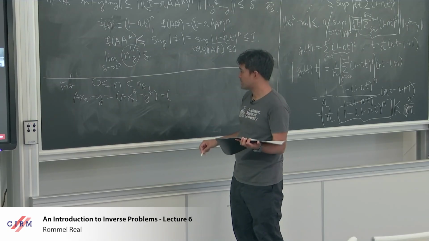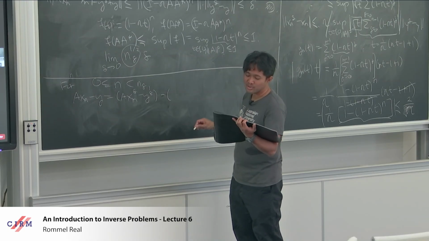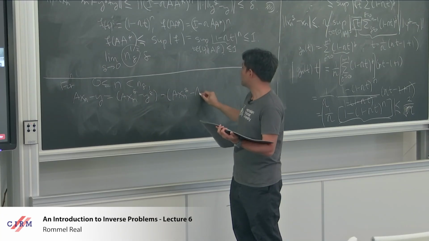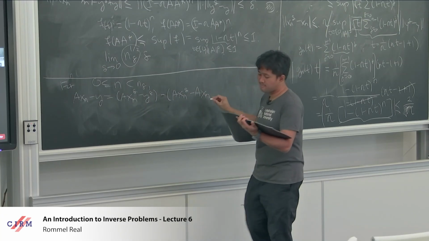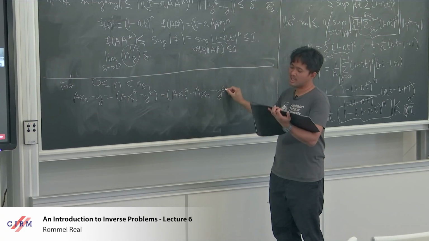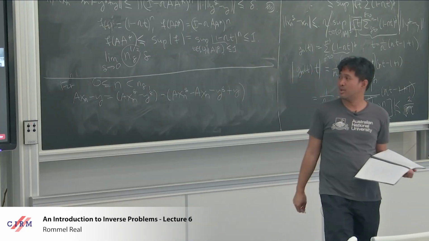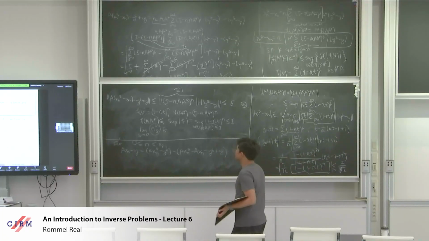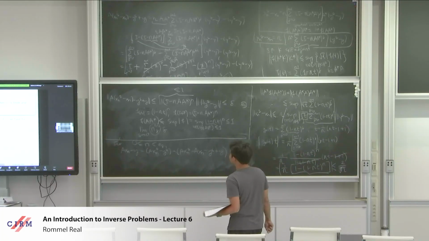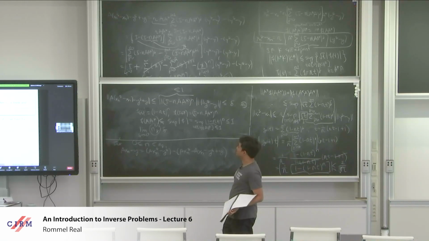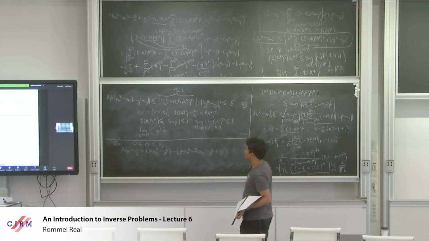You have a(x_{n,delta} minus y delta) minus a(x_{n,delta} minus x_n) minus y delta plus y. And why do we want to do that? Because we want to use the estimate from the previous results.